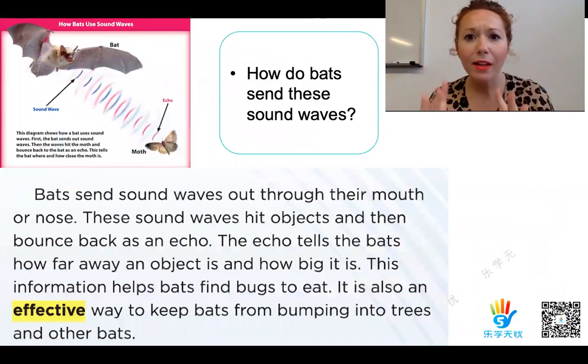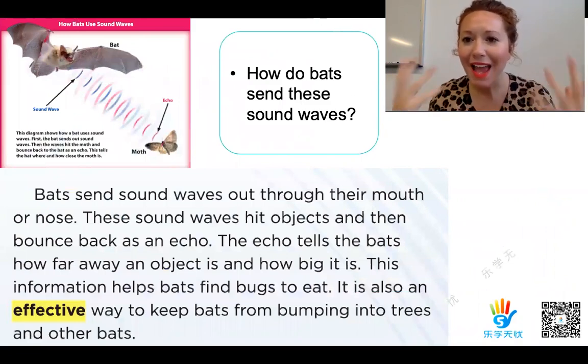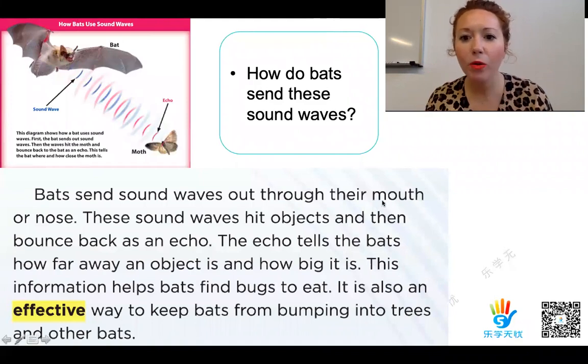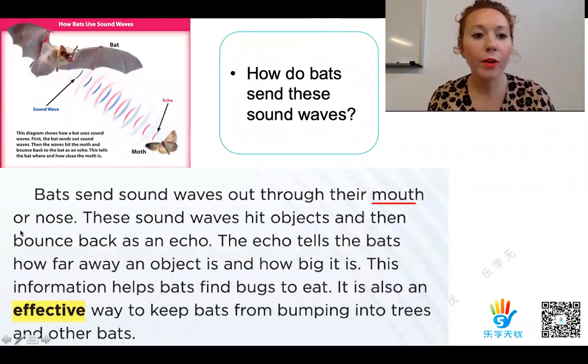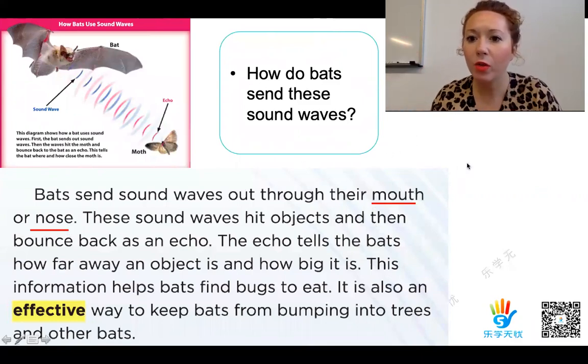So how exactly do these bats send sound waves? Okay, so they're going to send the waves out through their mouth or their nose, and so these sound waves are going to echo, right?